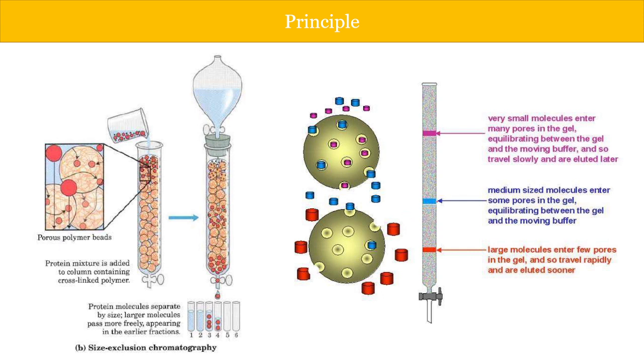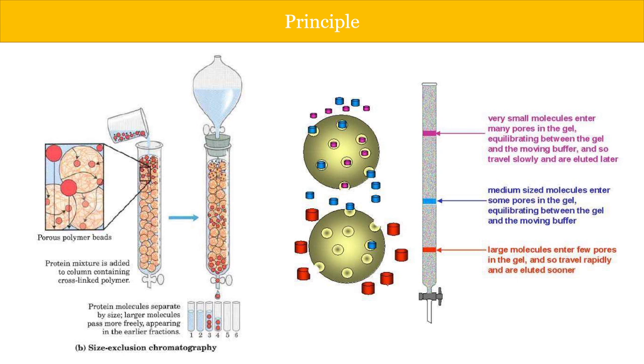Medium sized molecules can enter a few, but if they do not get their bead size, then they cannot enter, and this is slightly less. But the very small molecules can enter all the beads and therefore they take a longer time.